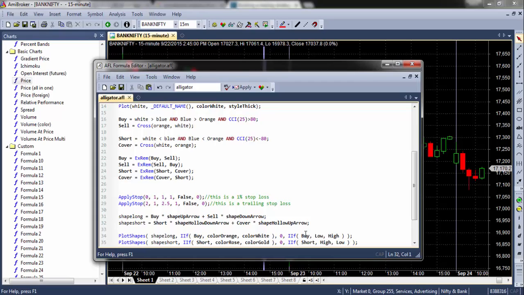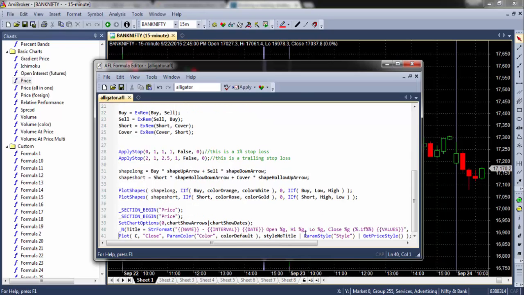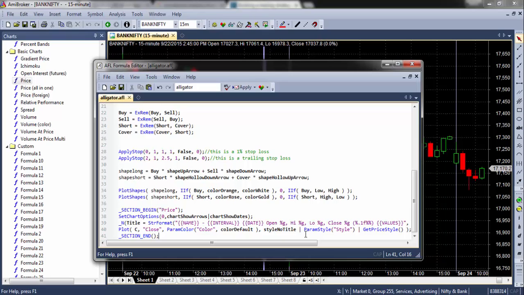So not every cover is going to be a buy and not every short is going to be a sell. There might be some cases where if there is a huge price movement that this happens, but in most cases it is going to be unlikely. So that's why we plot them accordingly using the same logic as earlier, and then we just copy paste the price formula out here, right?